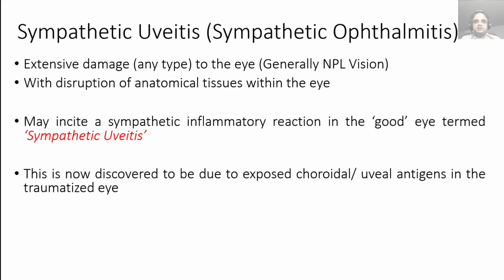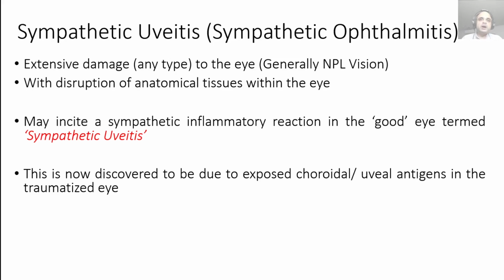Because these antigens, choroidal antigens or uveal antigens, were never exposed to the body before because they were locked up very tight. It was only after the trauma disrupted the tissues within the eye that they got exposed, and antibodies were created against them because they were recognized as non-self. There was no process of recognizing them as self because they were never exposed, they were locked up.